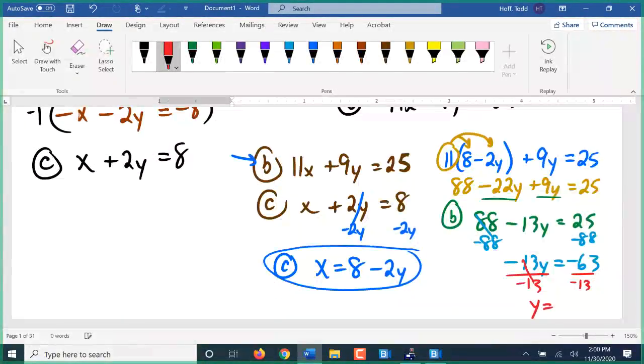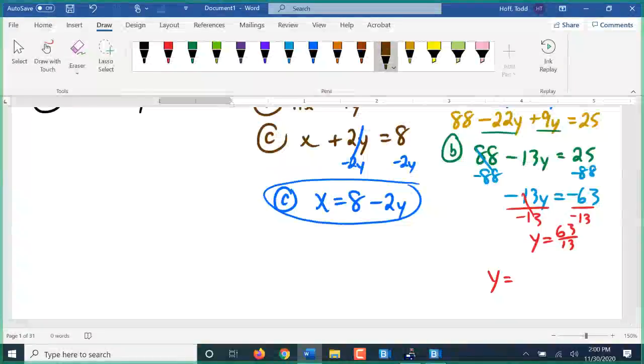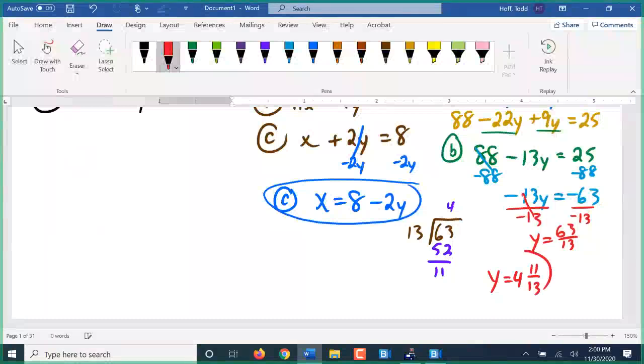So y equals, negative divided by negative is a positive, 63 over 13. Well, 13 goes into 63 four times, which would be 52 with 11 left over. So that's a 4 and 11/13. That's y.